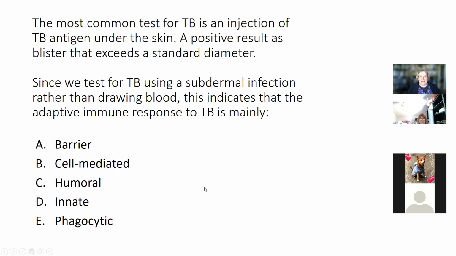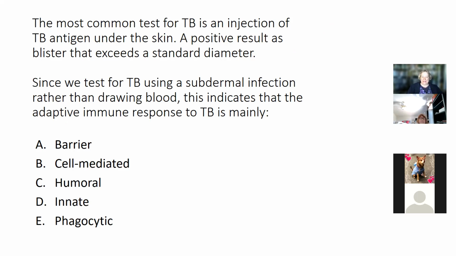Okay, so let's talk about the TB test. Those of us that have been in healthcare have had this test, where they take a hypodermic and inject just a little bit of antigen, we call it tuberculin, under your skin.